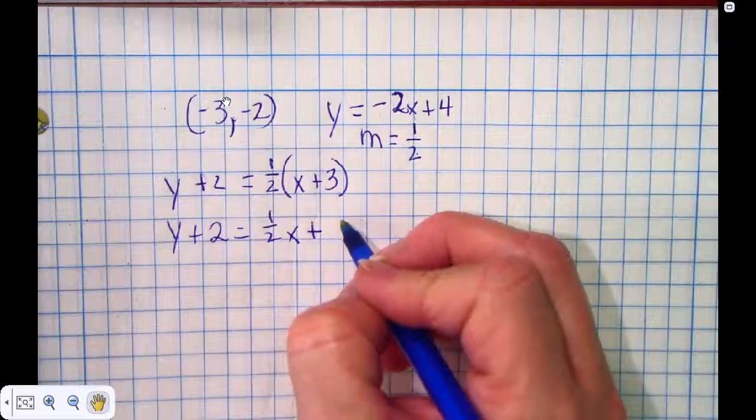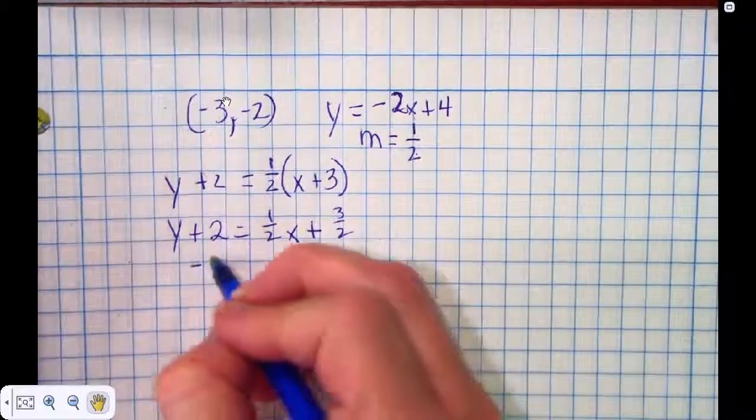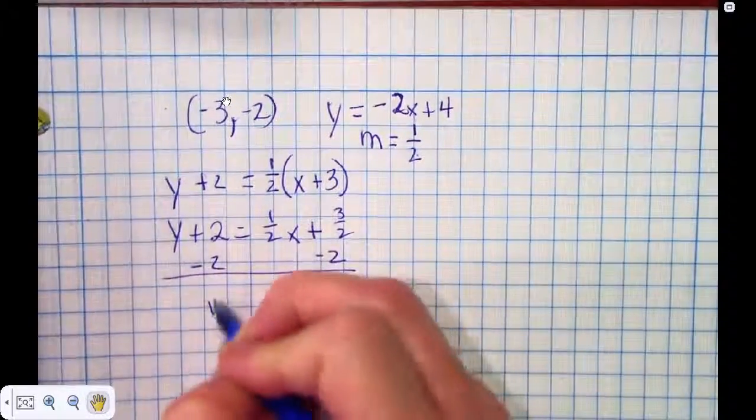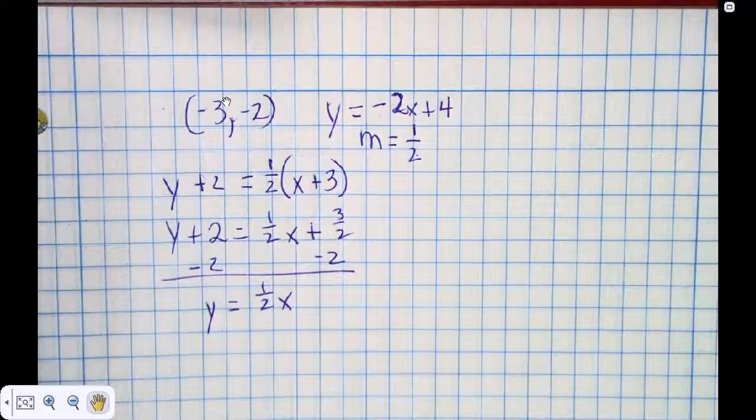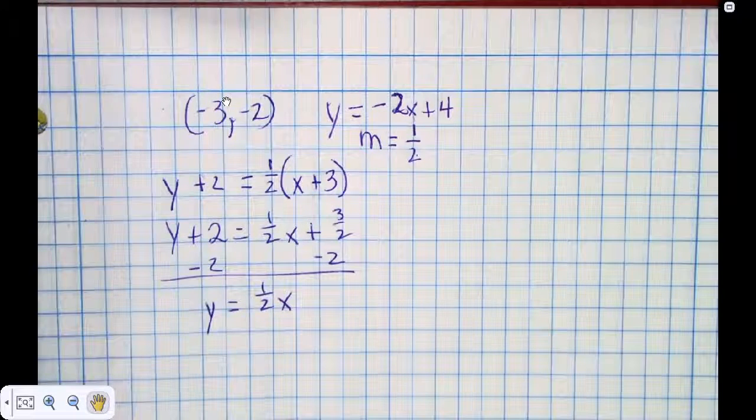I don't care. 3/2, that'll work. And now we're going to subtract 2. So 1/2 x, what's 3/2 minus 2? Is he right? -1/2?